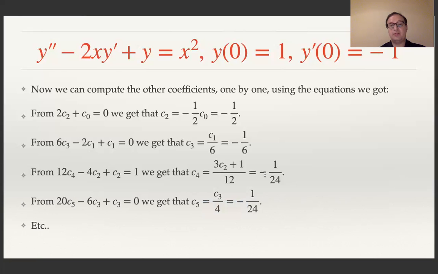But notice that this is probably just a coincidence that both C4 and C5 are minus 1 over 24, because we got them in different ways. In order to see whether there is a pattern to the coefficients, we probably should compute more of them.